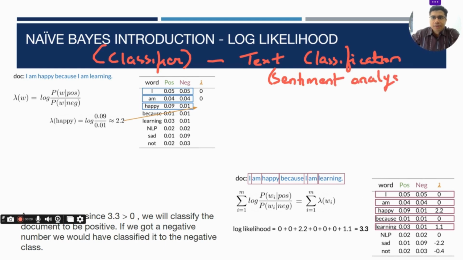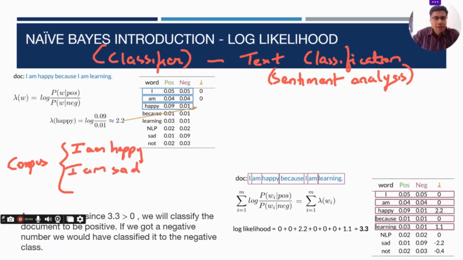Let us say that we have a corpus of text, and in that there are some sentences like I am happy and I am sad and so on. We want to classify each text as positive or negative. So X will be the text, and Y is either positive or negative. The first sentence is positive, the second sentence is negative.